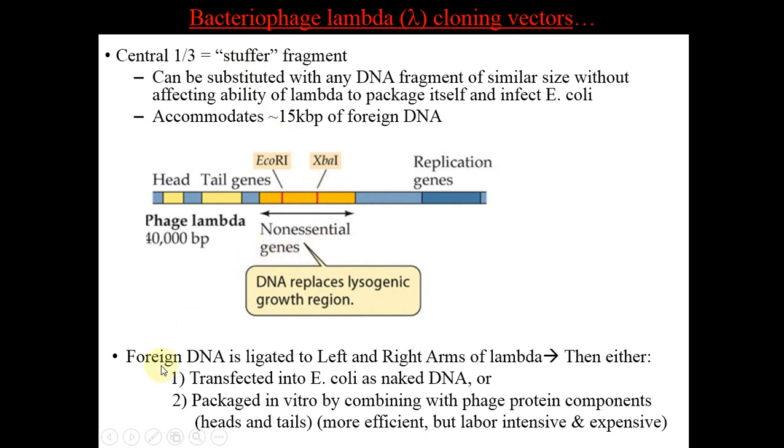non-essential genes. So the foreign DNA is ligated to the left and right arms of lambda, then transfected into the E. coli cell as naked DNA or by packing in vitro.